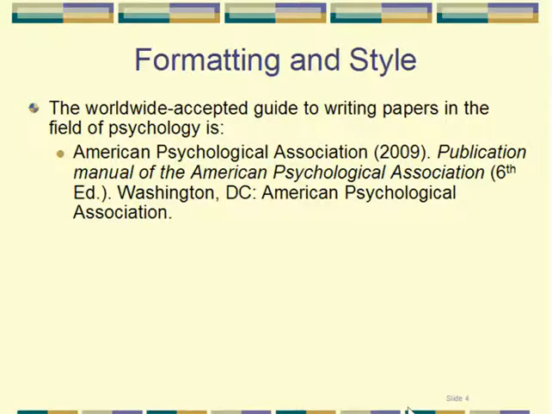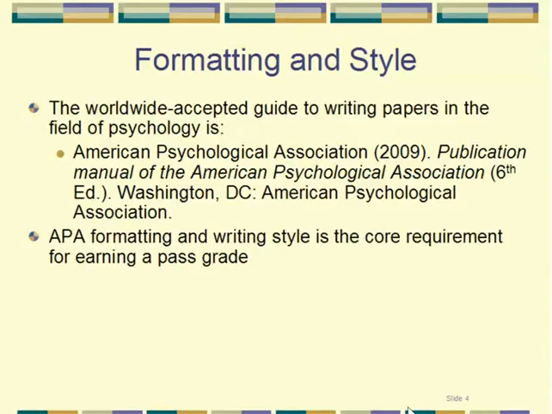Now we follow the APA guide for virtually every aspect of formatting and style, except for a few irrelevant details that depart a little from the APA guide. APA formatting and writing style is the core requirement for earning a pass grade.